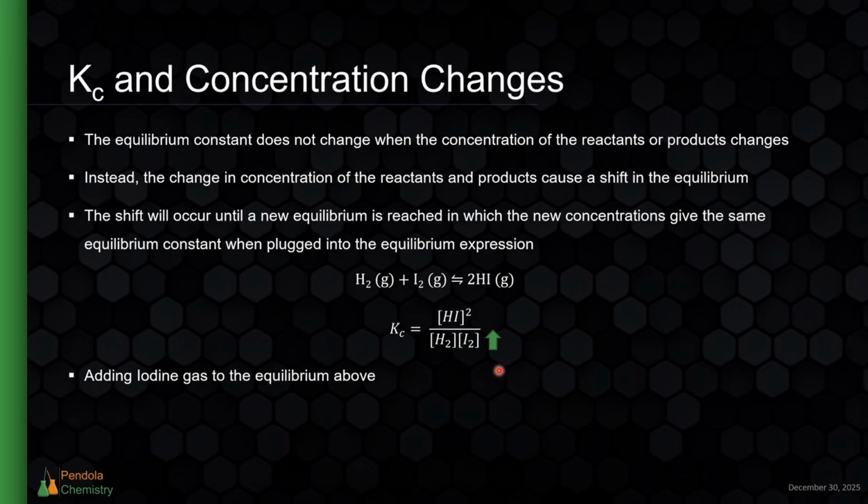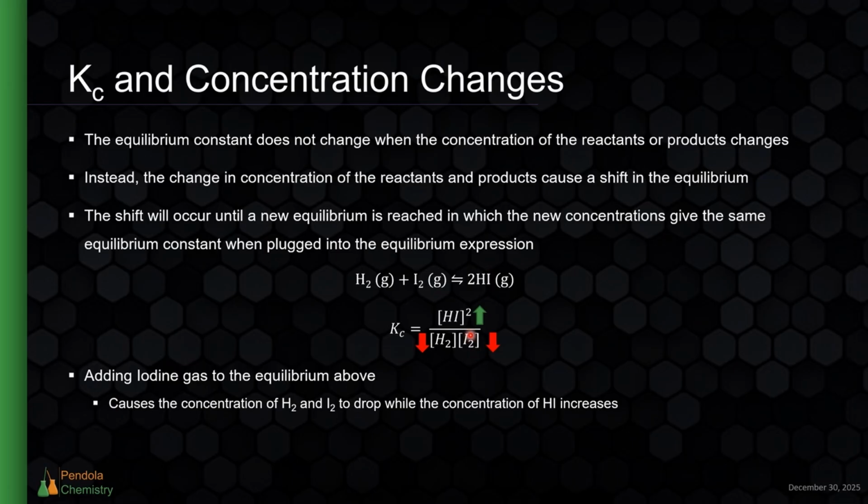The reason is that by increasing the concentration of iodine, the concentrations no longer match the equilibrium constant. So the equilibrium shifts to use up that iodine, and because it shifts by undergoing the forward reaction, it also decreases the concentration of the hydrogen, while also increasing the concentration of the hydrogen iodide.